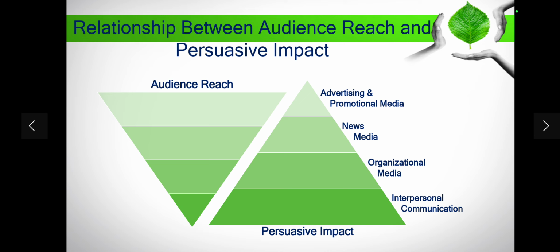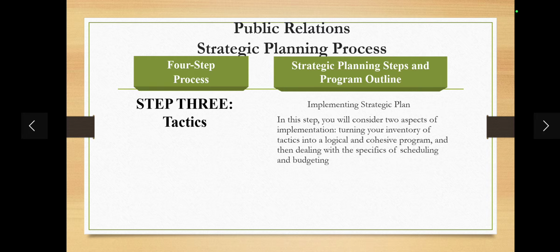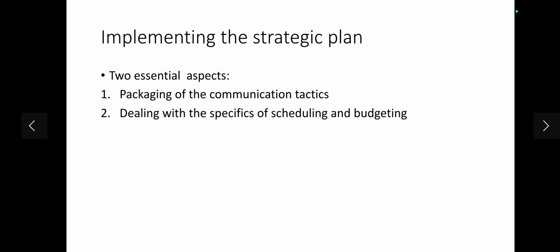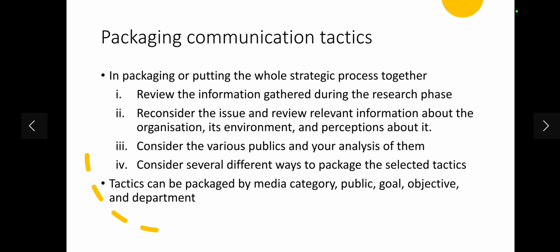Under it, when you go to the page, it breaks down into various other media platforms that you can use: electronic, print, out of home. So you can decide to package or arrange your media tactics according to the media category that the tactics fall under. You can also arrange it according to your publics.